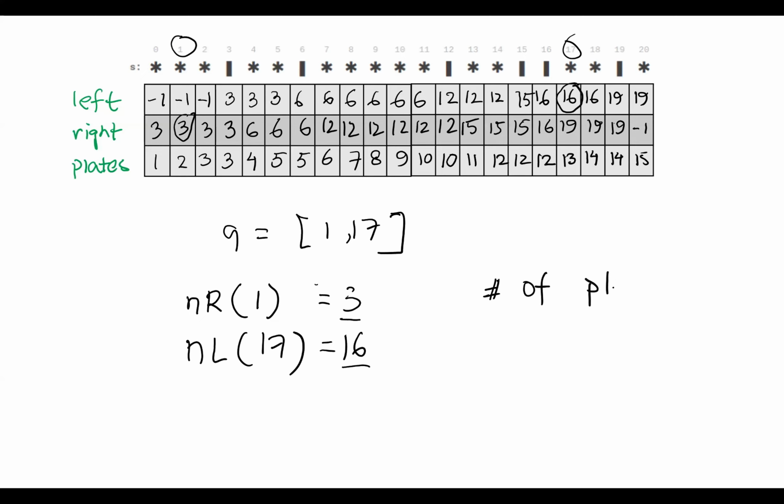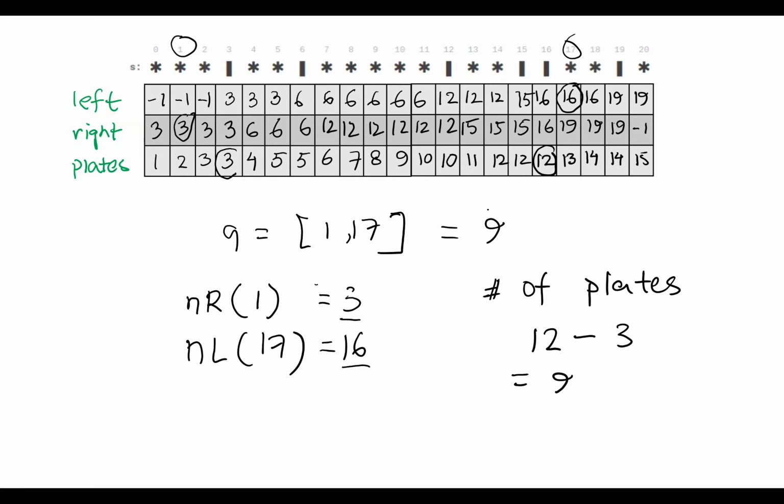Up to index 16 we have 12 plates, and up to index 3 we have 3 plates, right? So 9. So that's our answer. This is 9.